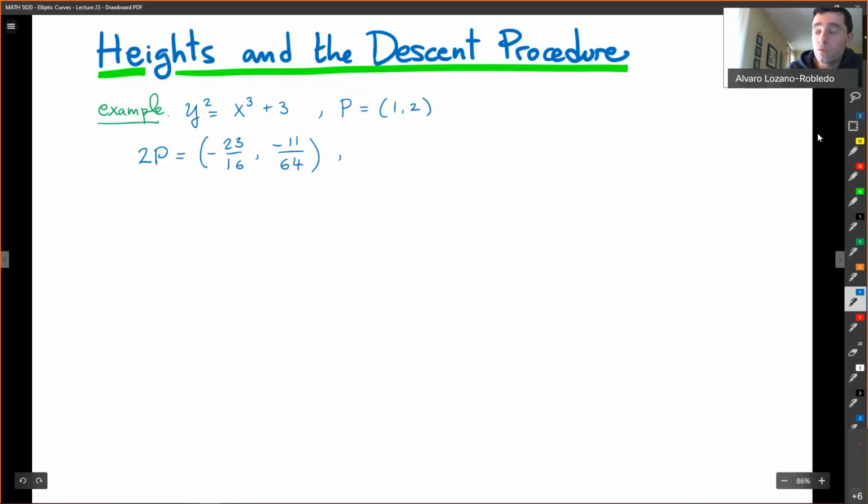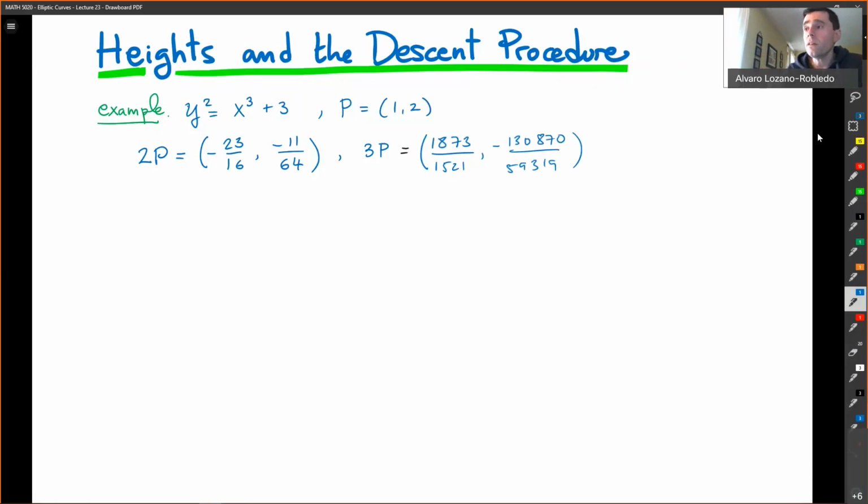What happens with 3P? 3P is (1873 over 1521, minus 130870 over 59319).